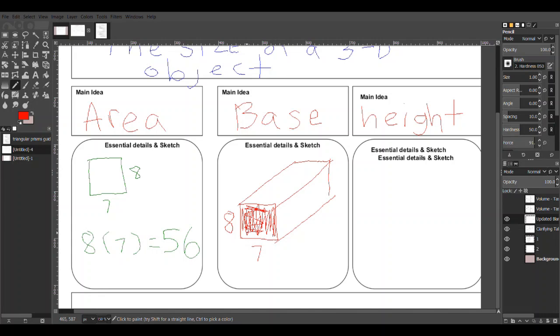It's the top or the front. Right now it's the front because of the way that we are drawing it, but that is called the base. Who could tell me the area of the base of this prism? I will pause. The area of this base of this prism is 8 times 7, which is 56.